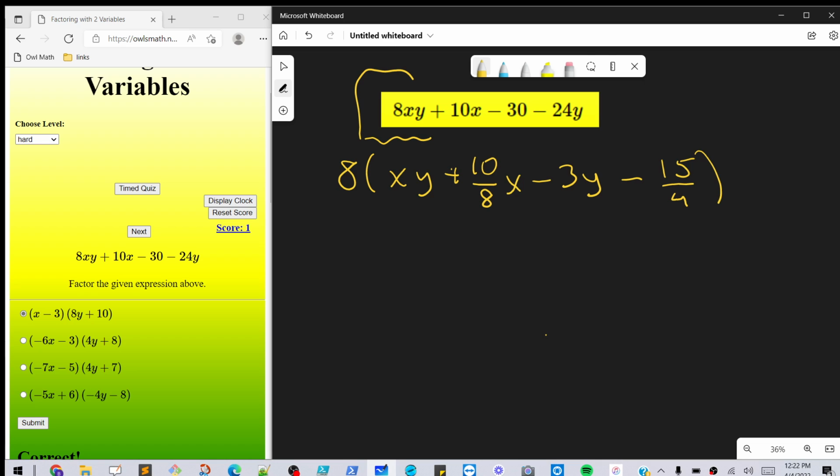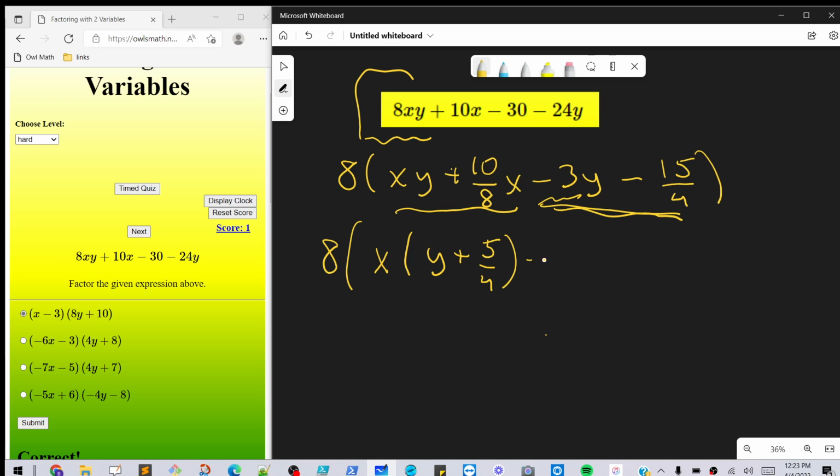And then what we can do is we're just grouping. We can group here as our x term and here the y. So I'm going to factor an x out of this first part. So we'll have x times (y plus 5/4), reducing 10/8 to 5/4. And then in our second part, I'm going to factor out the lead coefficient, a minus 3, and we'll get y plus 5/4.